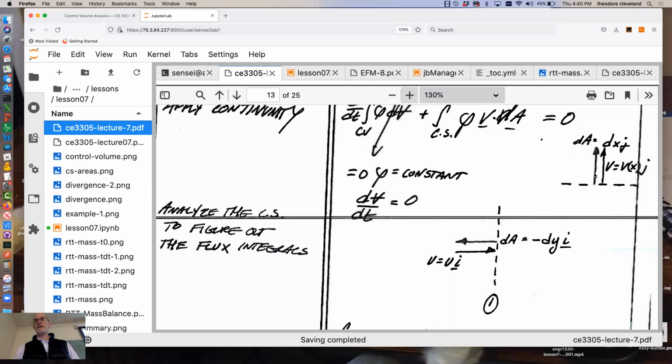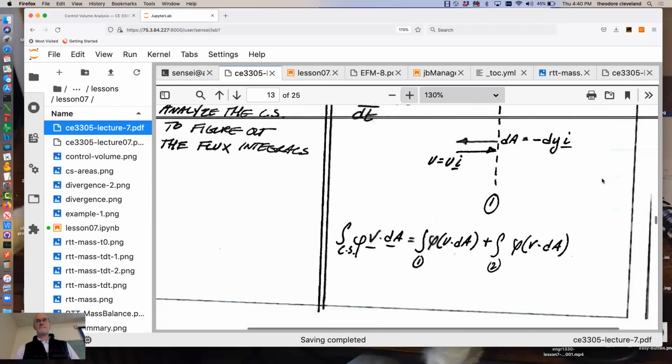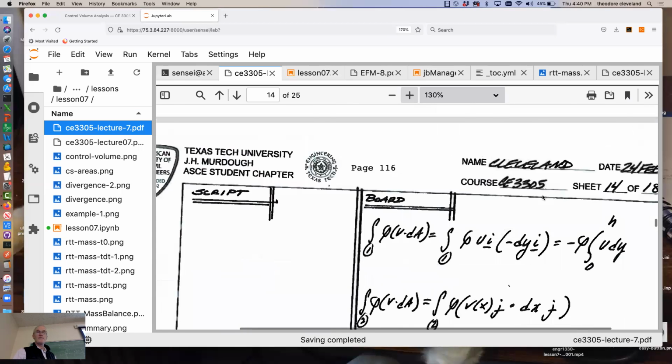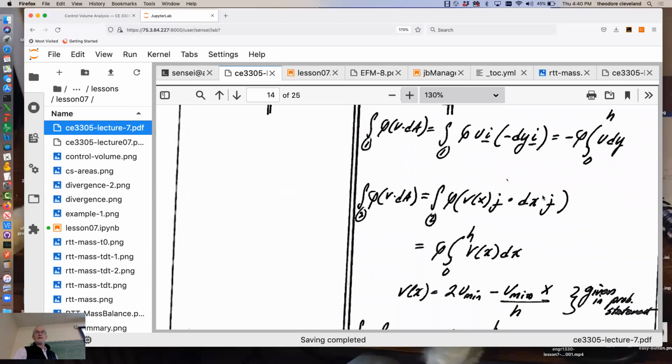Here we have the area vector dx in the J direction and a velocity vector v of x in the J direction. So now we can break that integral apart into the 2 sections, the integral part 1 and part 2. I guess you could belabor it, doing as it's done here, where we actually evaluate the integral.